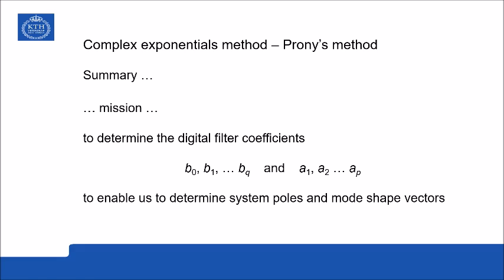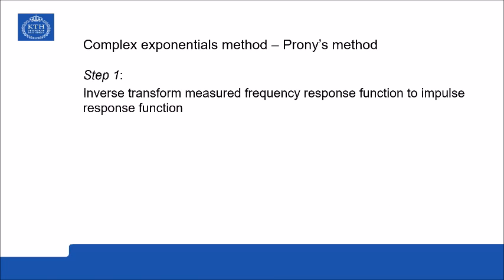And when we have done this, we can determine our system poles and mode shape vectors that we need in order to determine our modal model of our vibrating system. So step 1 now is to use our measured frequency response function and inverse transform it to a measured impulse response function. So what we will get after this step is an impulse response sequence, hn.